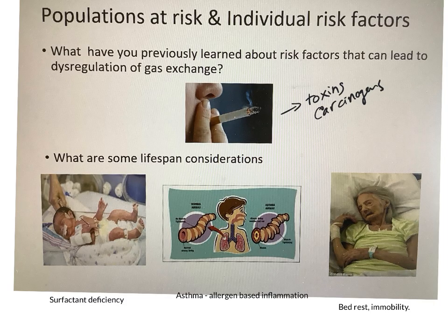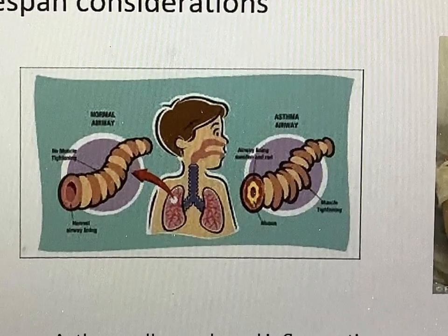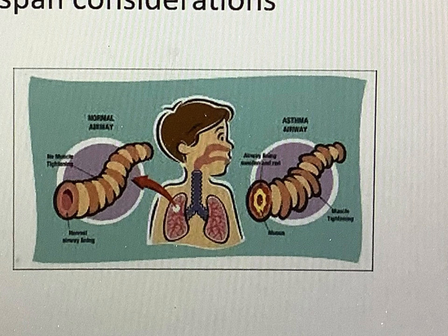How about in kids? What's maybe a big issue we see? Yeah, asthma, allergies. As eustachian tubes are developing too, they at first are fairly parallel, draining into the back of the throat, and then as we grow, they angle down and things drain better.